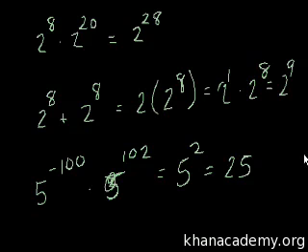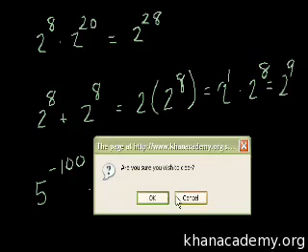Now I'm going to show you another one, and it kind of leads from the same thing. If I were to ask you what 2 to the 9th over 2 to the 10th equals. Well, that looks like it could be a little confusing, but it actually turns out to be the same rule. Because what's another way of writing this?